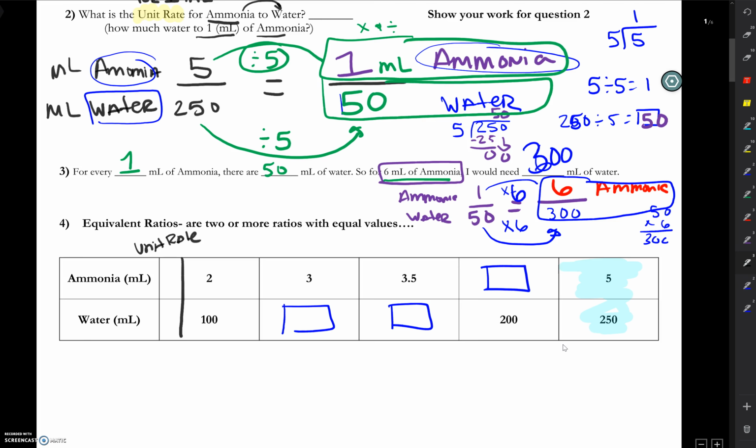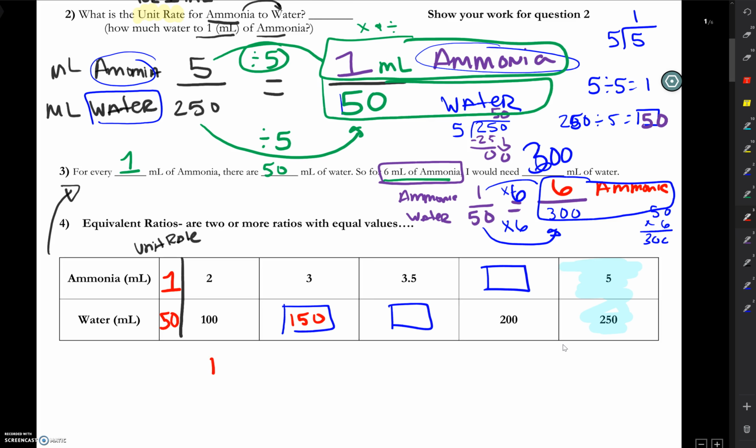We already solved the unit rate. It's up here in question 3. So we know that 1 milliliter of ammonia equals 50 milliliters of water. So it goes 1 to 50. 2 milliliters of ammonia would be 100. 3 would be 150.